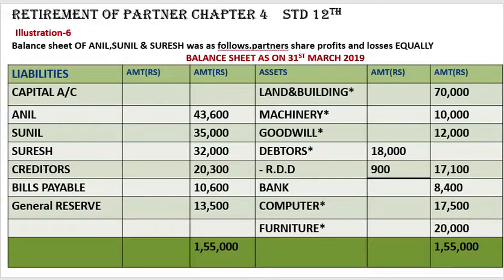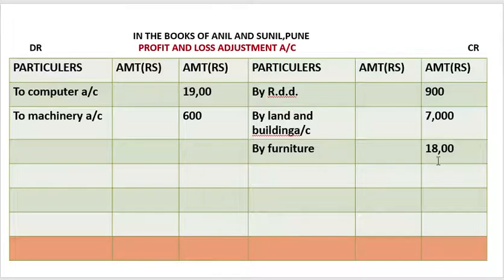It means we got a profit of how much? 1,800. So that profit amount will be transferred to profit and loss adjustment account by furniture 1,800. Now we'll close this account. We get balance over here as 9,700. Here also we'll write 9,700, and the difference we get is 7,200.